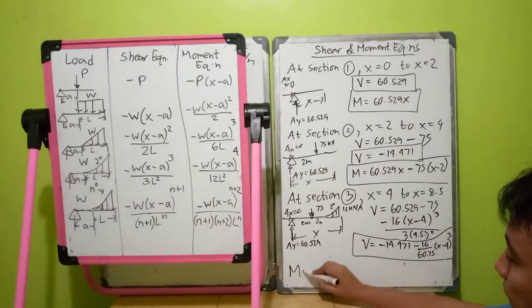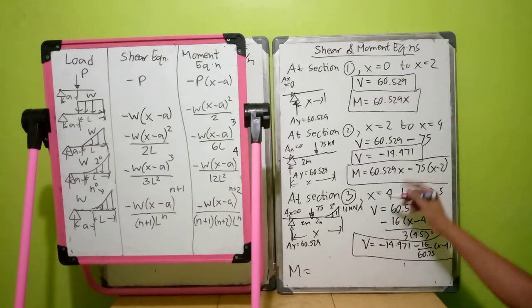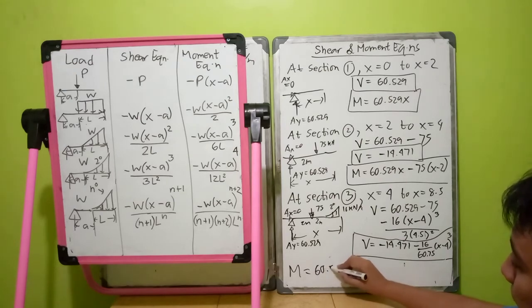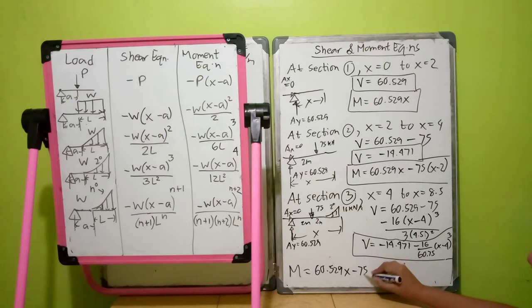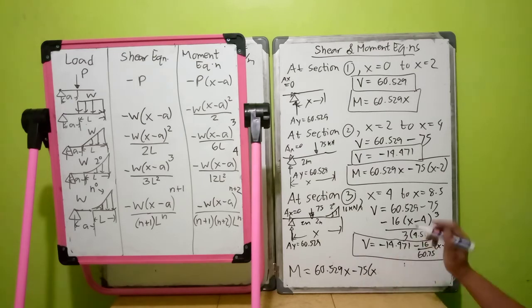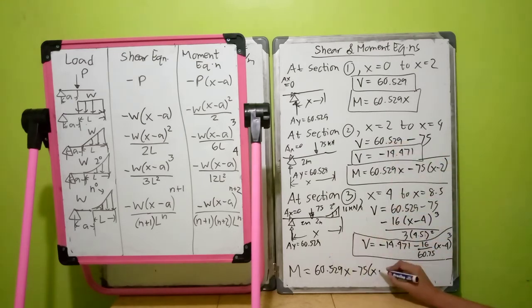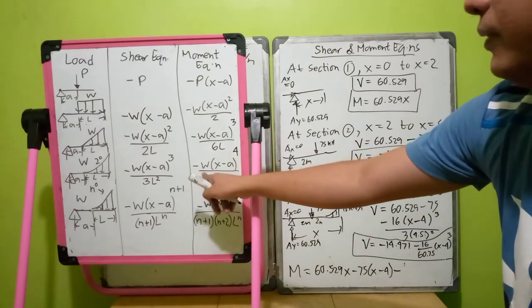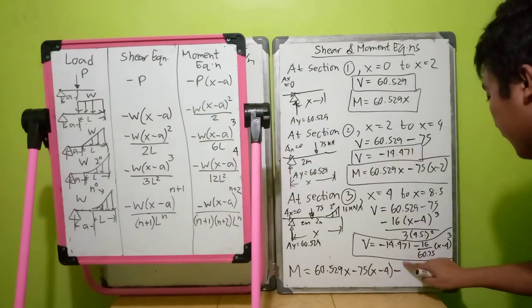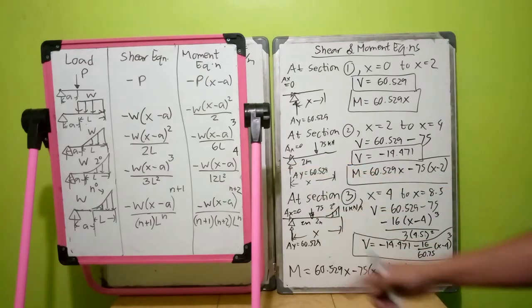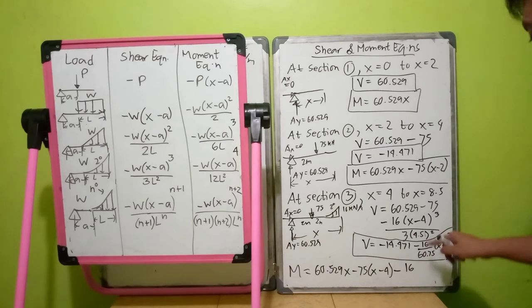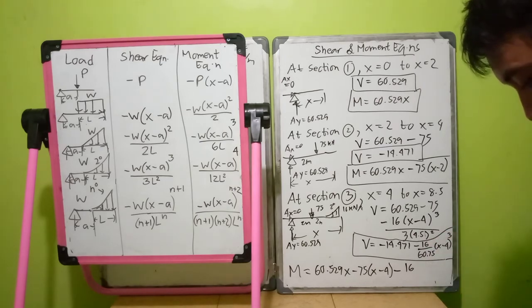And your moment is 60.529 X and then minus 75 times X minus 4, minus the W. Okay? Use this equation, negative W, which is 16, and then 12L squared. 12 times 4.5 squared.